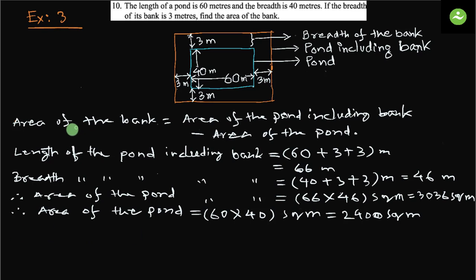Now we know we have to deduct the area of the pond from area of the pond including bank.